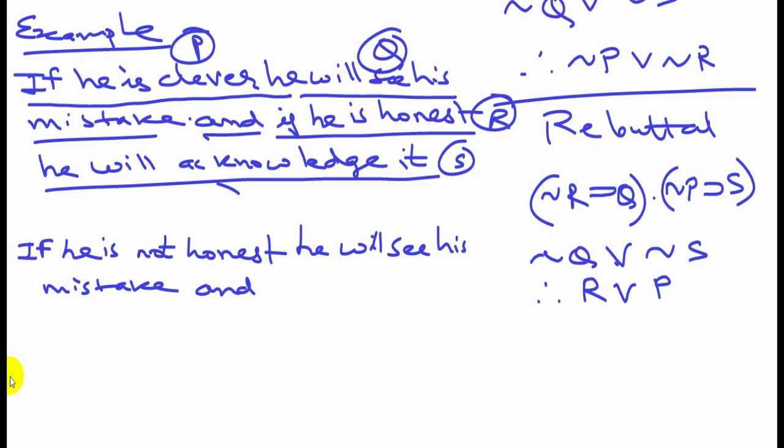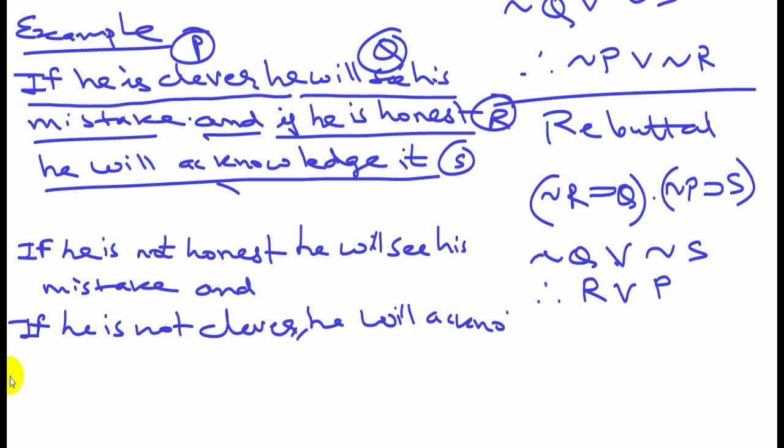So if he is not clever, then we go to S. S is he will acknowledge it. So this is the entire major premise.